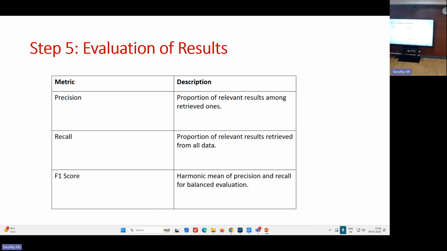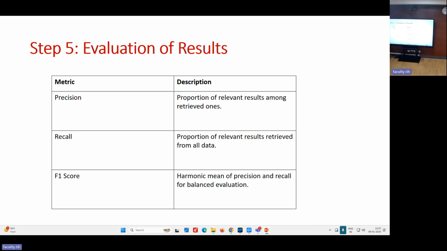Whatever extracted sentences you have given, we can call the system generated summary. You can compare these system generated sentences with the already available summary, the gold summary, or the already summarized form of that particular document.